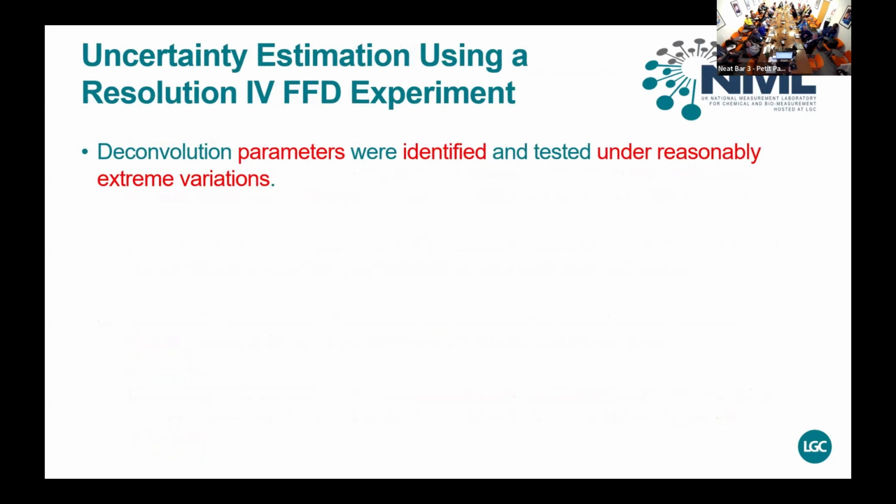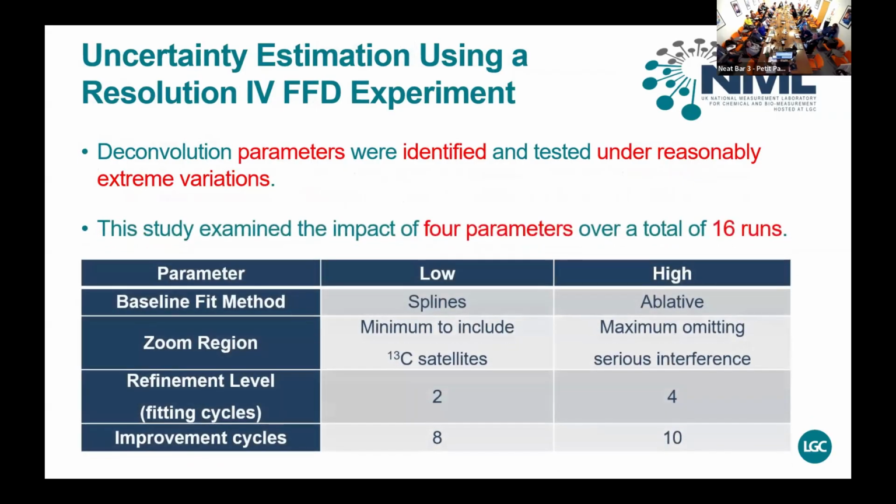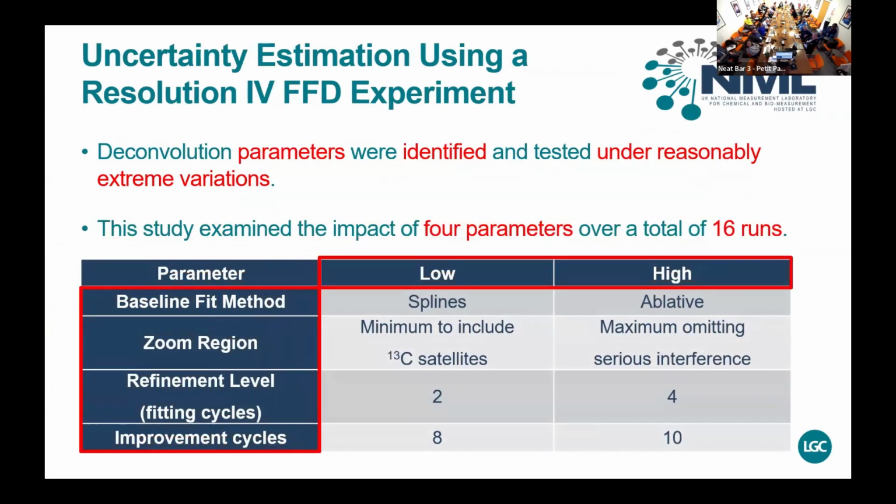So for the resolution 4 fractional factorial design experiment, we identified 4 different parameters, and we varied them under reasonable extreme variations. The parameters that we looked at were the baseline fit method, different zoom regions, the refinement levels of the GSD fitting cycles, and also the improvement cycles from the qGSD application.